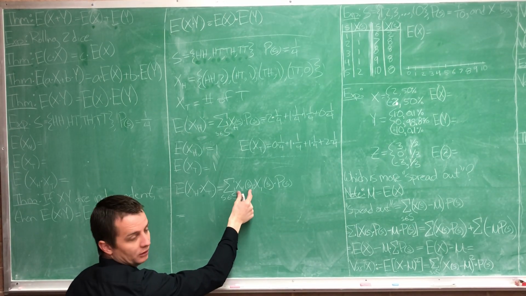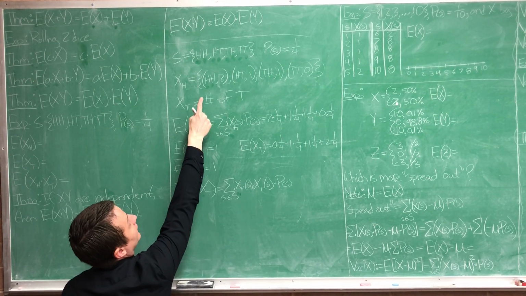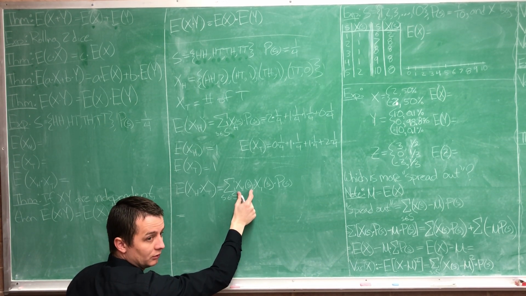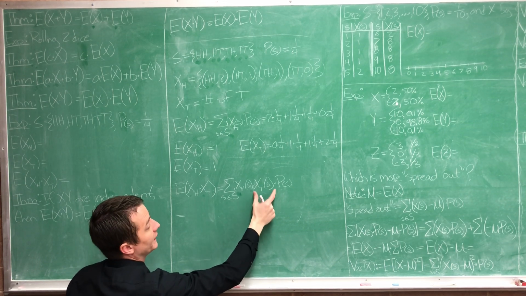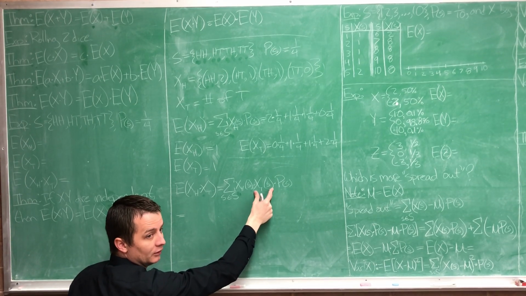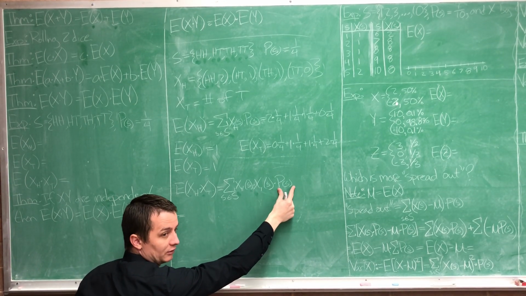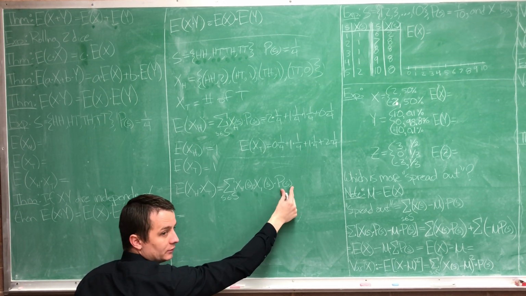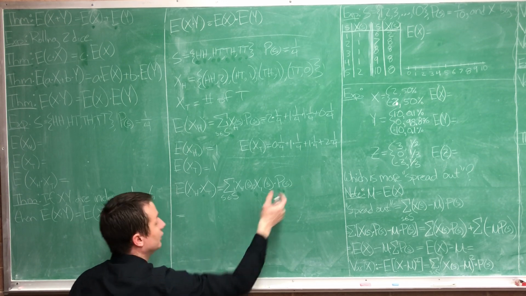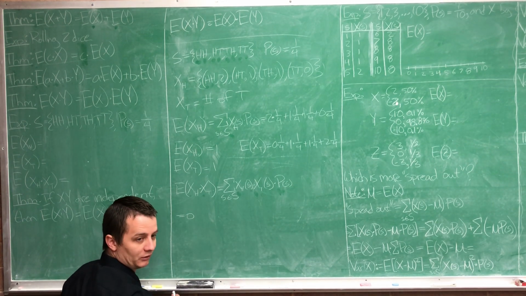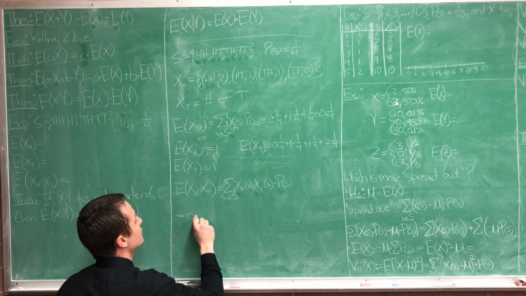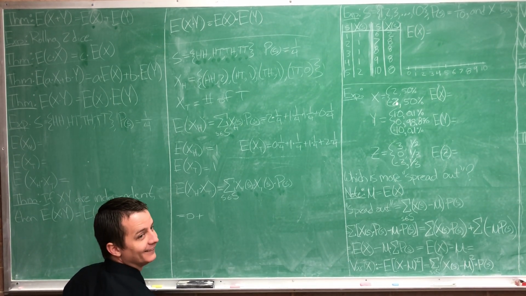X of H gives 2, X of T gives 0, and the probability is 1/4. So 2 times 0 times 1/4 is 0. 0 times anything is always 0.